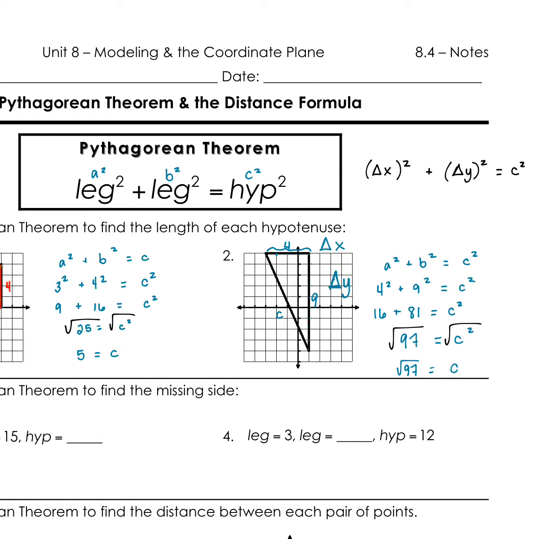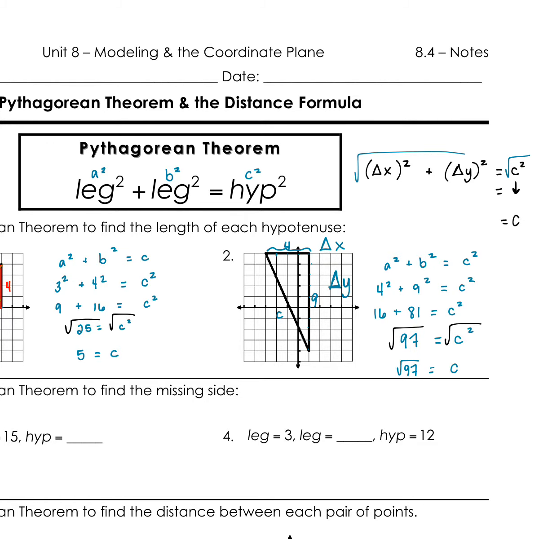Well, one more modification. What if I just wanted to have c by itself? It would be c, right? And then how would we undo that c? Well, you are correct. We would then square root both sides.